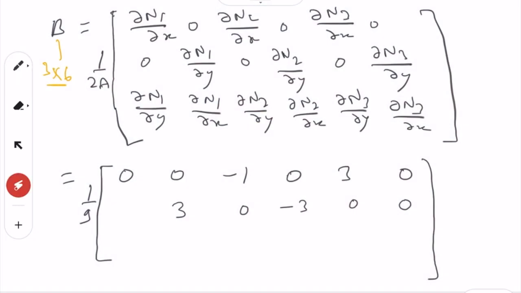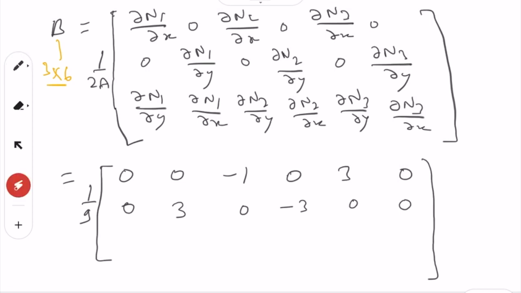So what we are getting is 0, minus 3 and 3, here we got 3. Let us see, here we got minus 1 in this case and the other minus 3. Here we got 0 and in this case also we got 0. So let us make sure that this minus 1 and minus 3 are correct. Because this is symmetric, the other two are okay. So let us see.